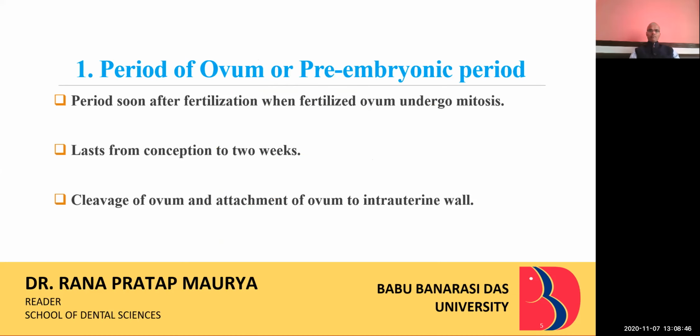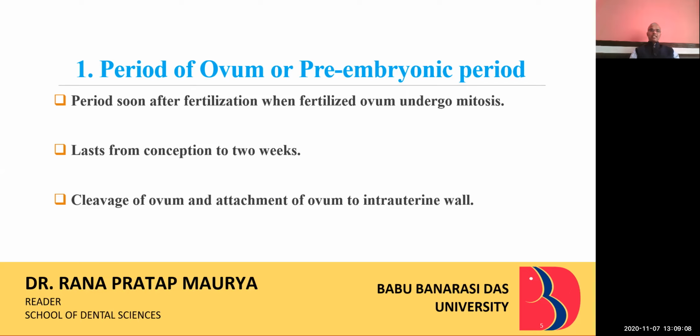So the period of ovum, or pre-embryonic period, starts soon after fertilization when the fertilized ovum undergoes mitosis. It lasts from conception to 14 days, or 2 weeks, of prenatal life.